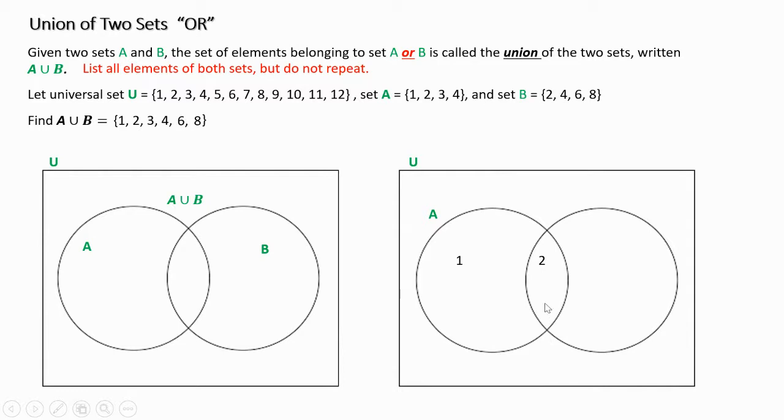The 2 and the 4 are what they have in common, so those go there. For set B, we have 6 and 8. 2 and 4 are already there, so 6 goes here, and the 8 goes there. And the rest of the numbers that are not in A and B go on the outside of the circles.